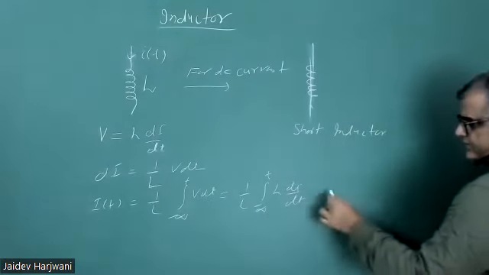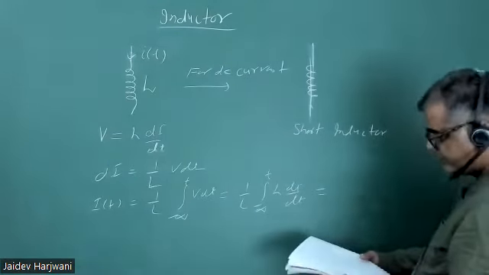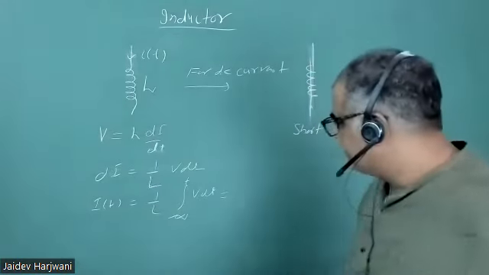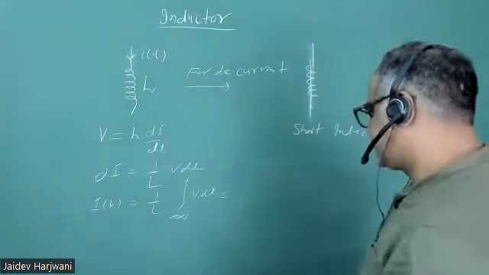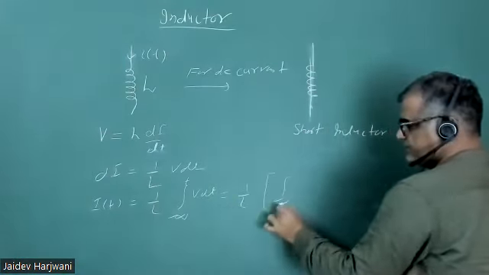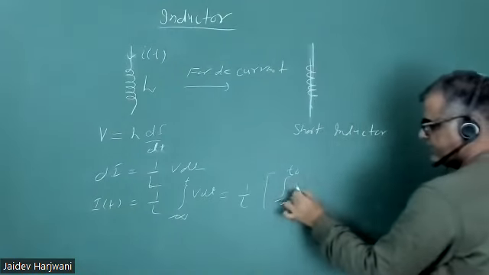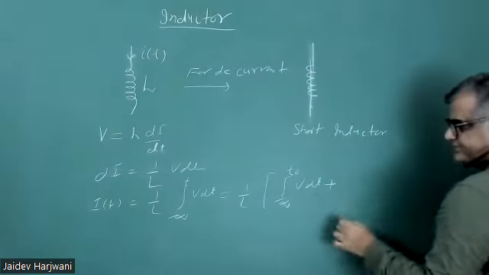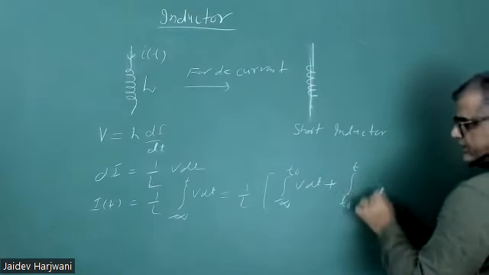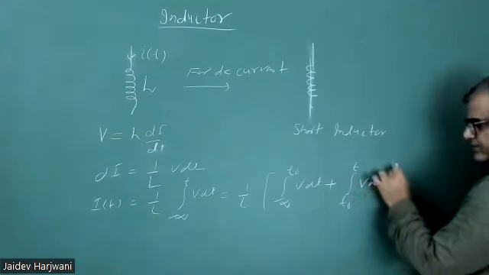So 1 by L, minus infinity to t0 v dt plus t0 to t v dt, as we did earlier.